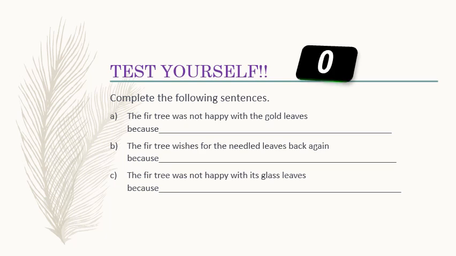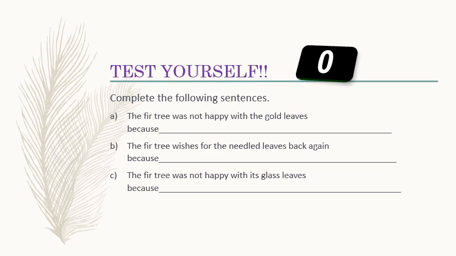Time up. Now let's see. Number A, the fir tree was not happy with the gold leaves because. So why was the fir tree not happy with the gold leaves? Because a man came along and stole all its gold leaves.